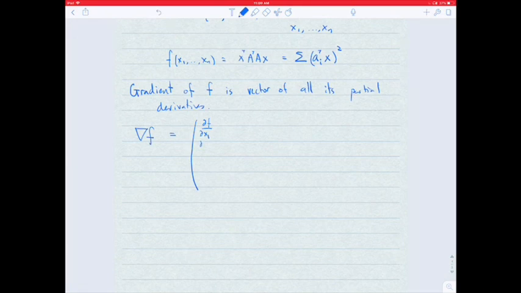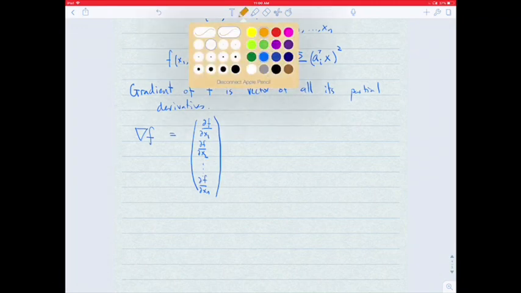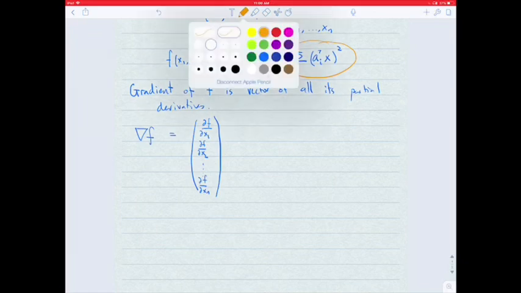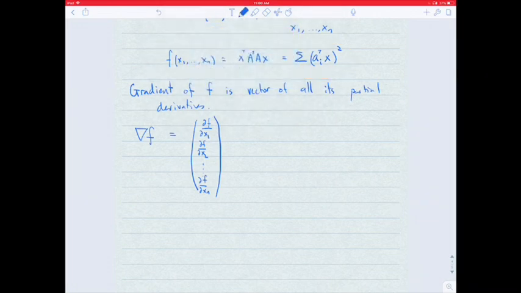Its first entry is this. The second entry is the derivative with respect to the second variable, all the way to the derivative with respect to the last variable. So if you remember your single variable calculus, you could just write out this expression in terms of x1 to xn and do all of those painful calculations. But we're going to use a little bit of shorthand here to see how you can compute this directly. And you can just memorize this as a rule if you like.